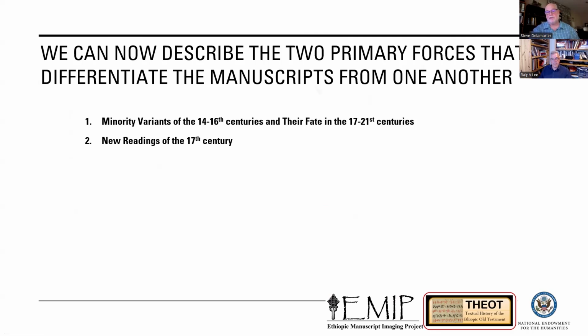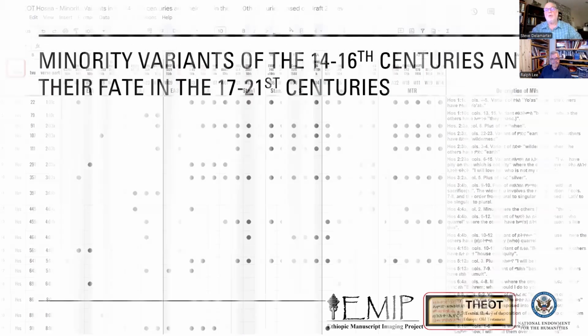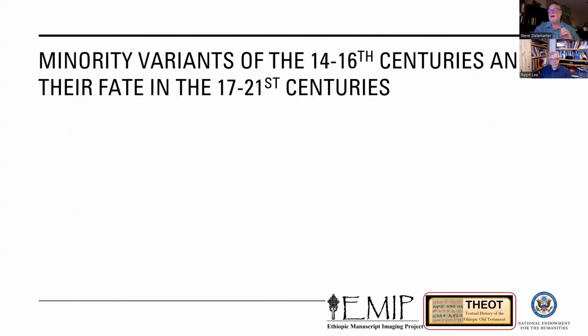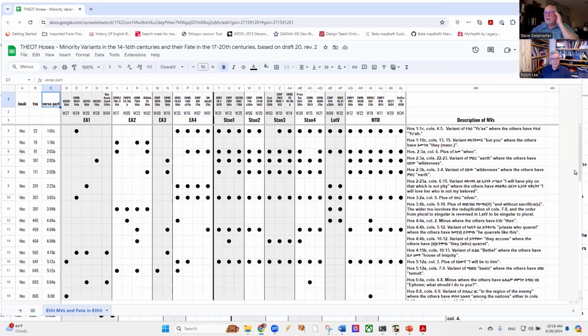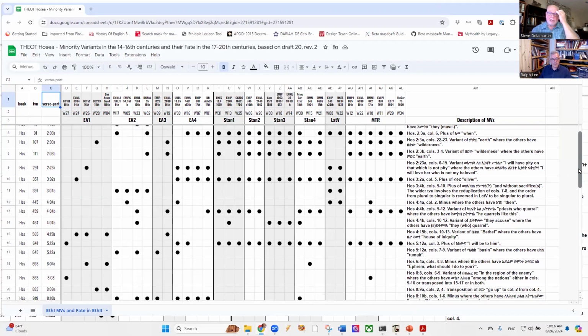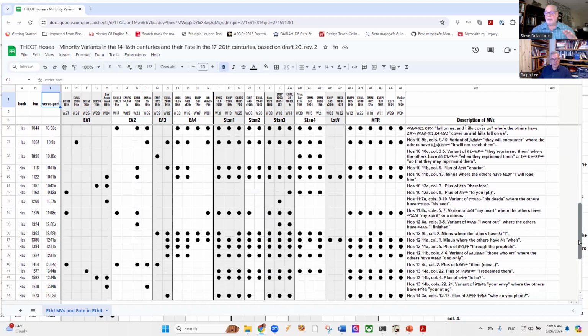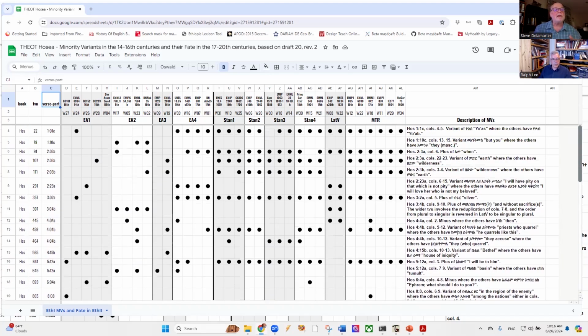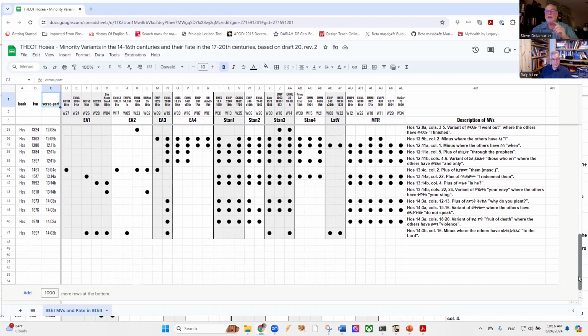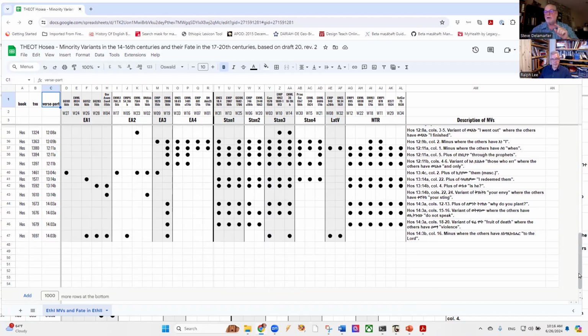So what we did was construct a database. Here's the live version of it that's actually on our Google Sheets. And we went through every verse in our sample and identified, in this case, about 44, I think it is, examples of minority variants.